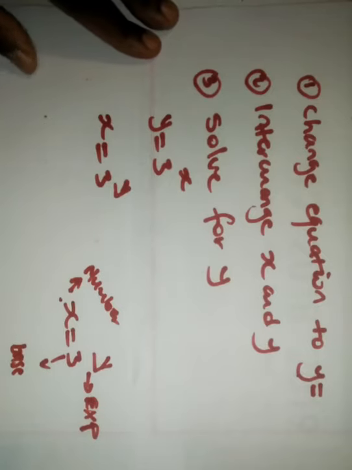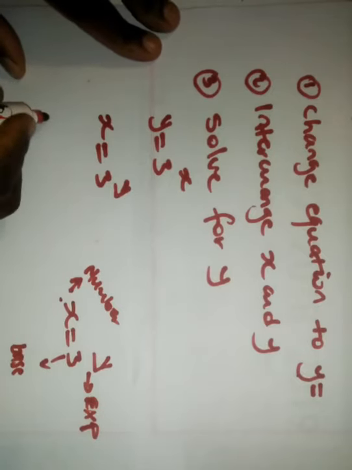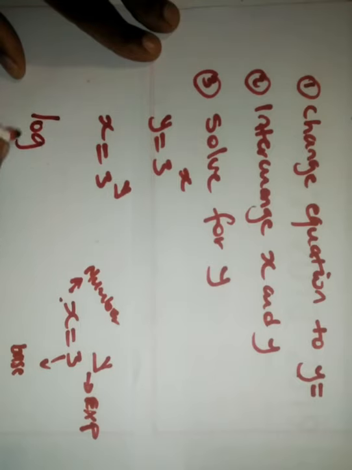So let's try and apply that. Now we are going to introduce the log. Our log here is going to have a base. What is our base in this case? We said the base does not change, so our base will be 3. Now this is a number. On the log, this number should be the exponent, so it should be here, and then we have the equal sign. This was the exponent, so on the log it should be the number.